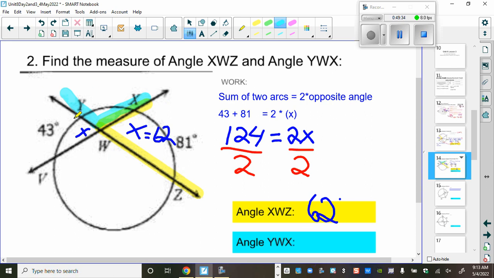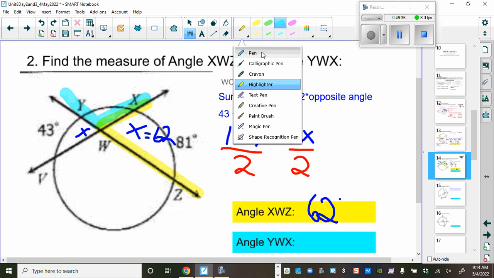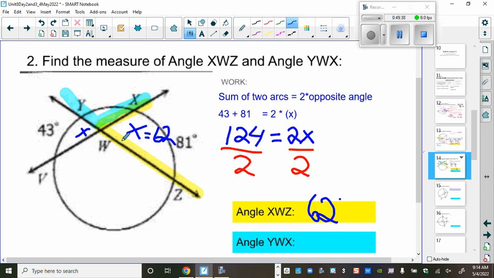The sum of these 2 angles has to add up to how many degrees? They form a straight line. A straight line is always how many degrees? 180.